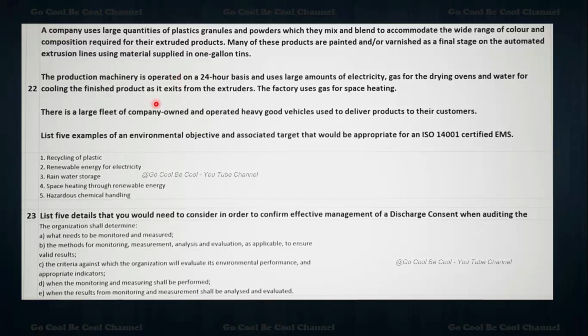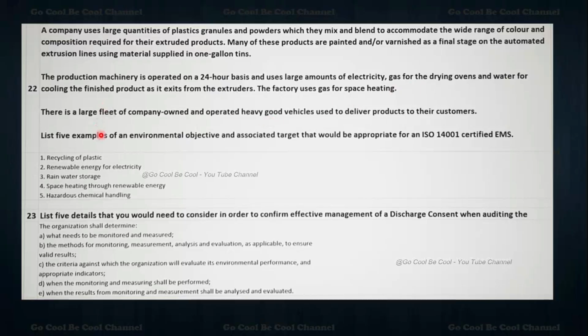The production machinery is operated on a 24-hour basis and uses large amounts of electricity, gas for drying ovens and water for cooling the finished products as they exit from the extruders. The factory uses gas for space heating. There is a large fleet of company owned and operated heavy goods vehicles used to deliver products to their customers.